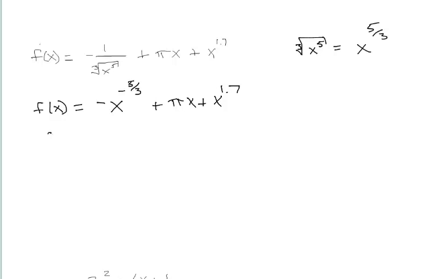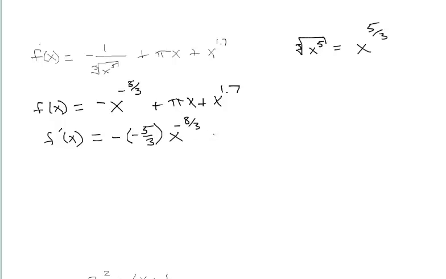And now when we take the derivative, we have f prime of x is equal to, and we have a negative out front, and then we have a negative 5/3 coming down, and x, and now we subtract 1 from negative 5/3 and we get negative 8/3. And the next term we have pi x, and remember pi is just a number.